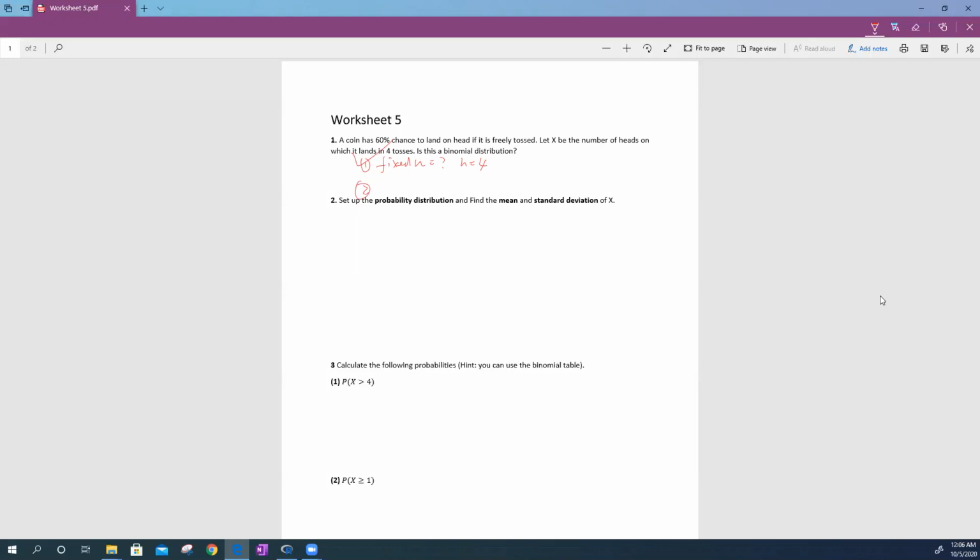And the second one, we're going to check whether we have 2 outcomes. So head or tail, so that is checked. Number 3, independent.